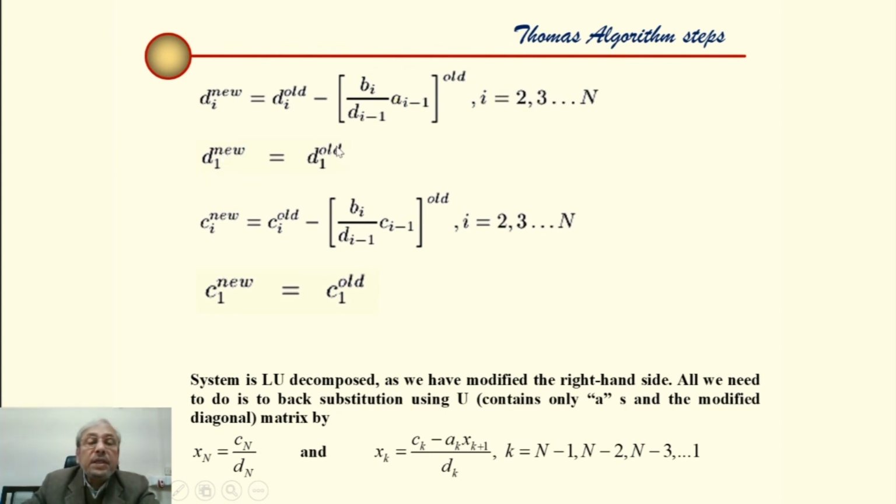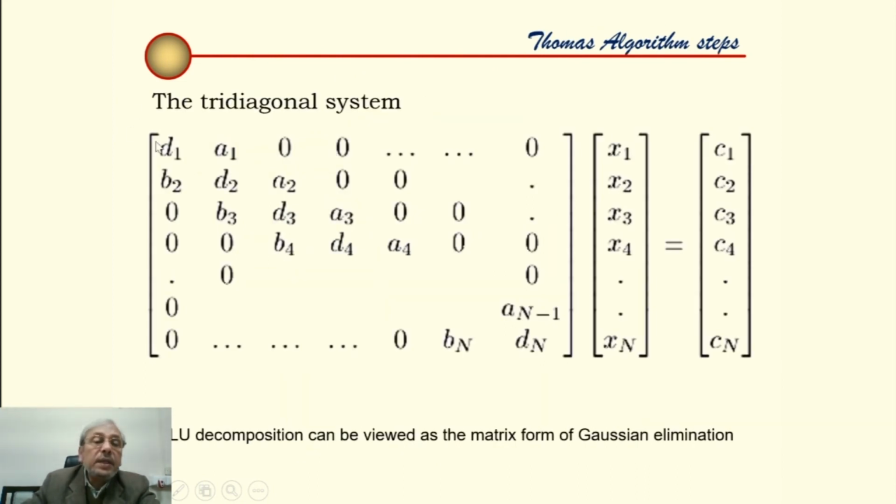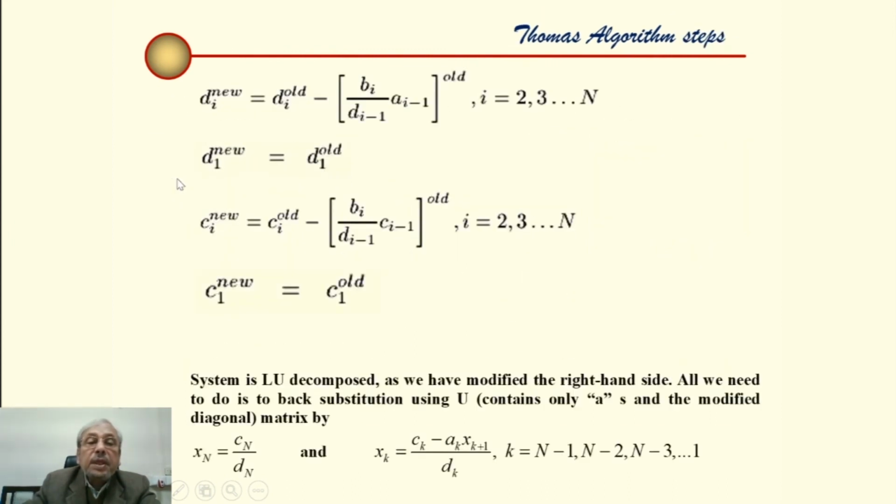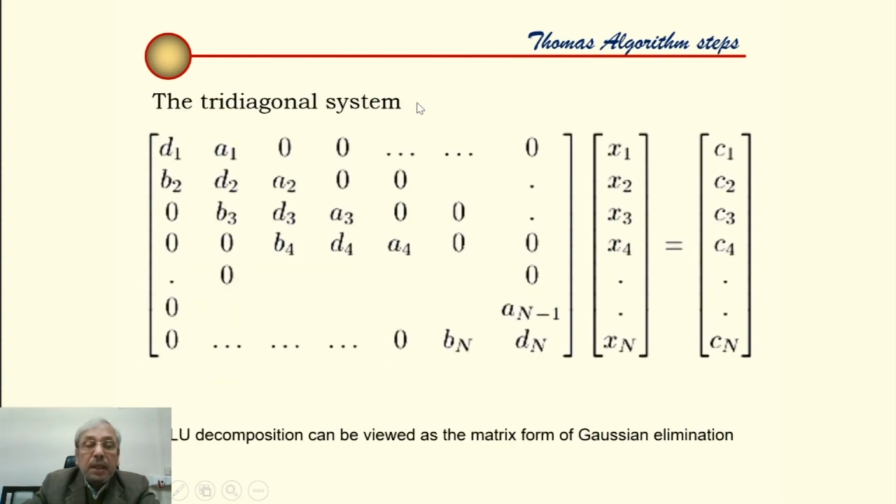But d1 new is d1 old, so d1 is not changed. d2 is changed: d2 new is d2 old minus b2 divided by d1 into a1.